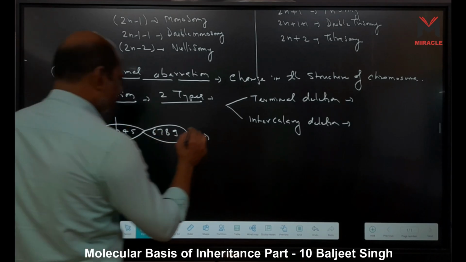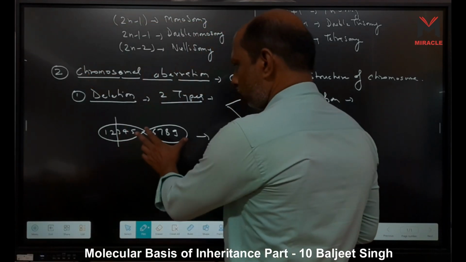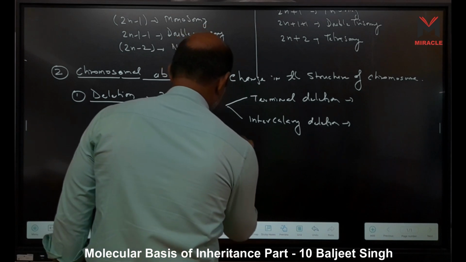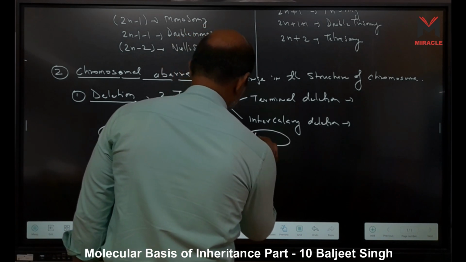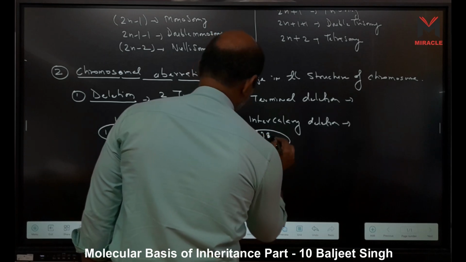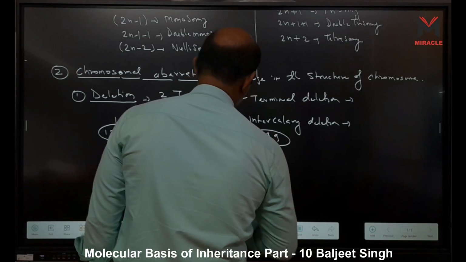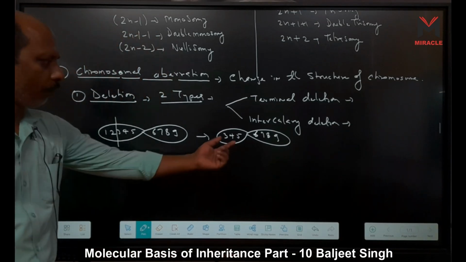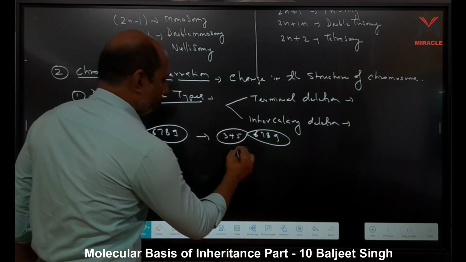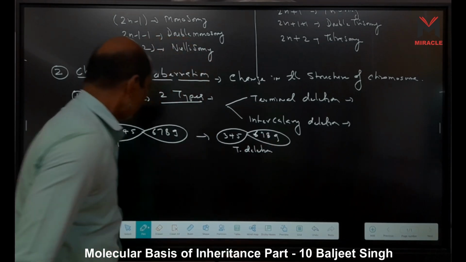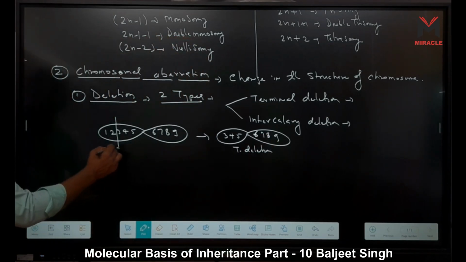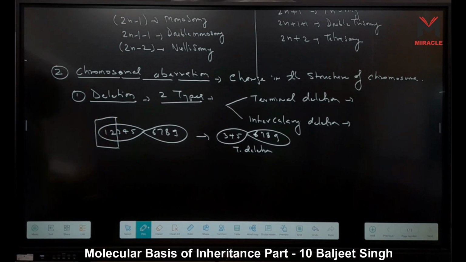Then the new chromosome is only 3, 4, 5 and 6, 7, 8, 9. So this part is deleted. That is called terminal deletion. Terminal means this part is deleted at one side.